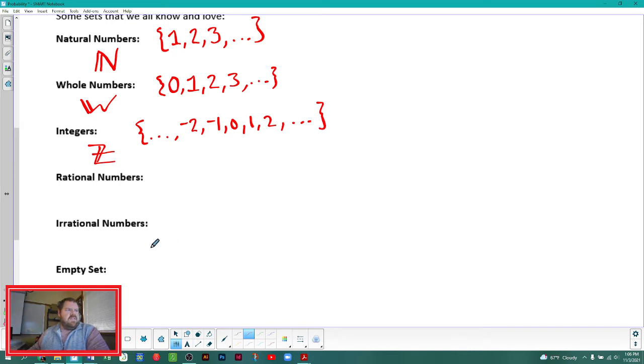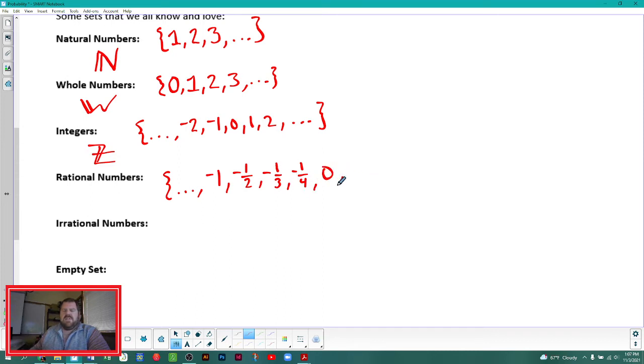The next set we have is the rational numbers. Now, rational numbers, that's where we start dealing with decimals and fractions. There's still no starting point, and it's pretty tough to even write all of these, but I'm going to go all the way to -1, maybe say -1/2, -1/3, -1/4, and then 0.